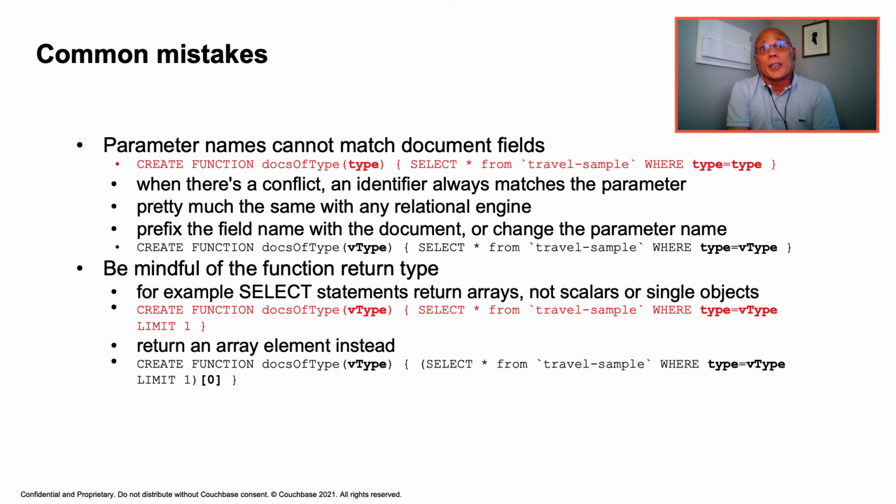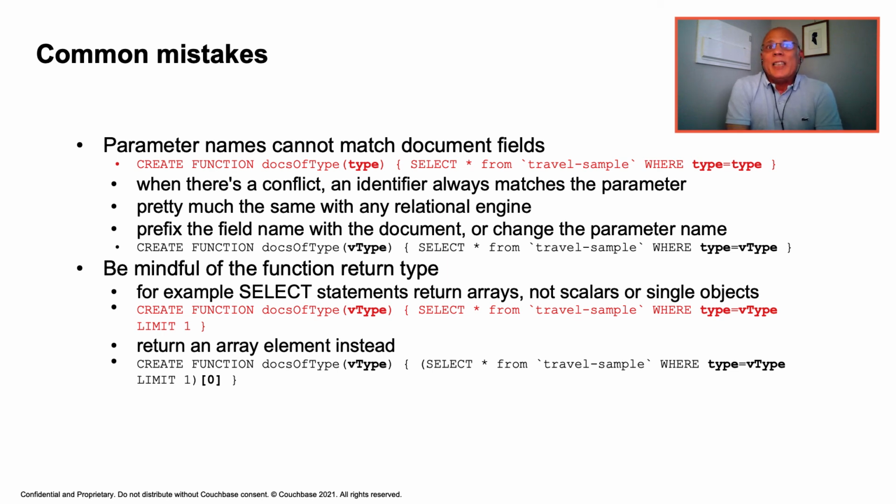If you have a look at the statement inside the N1QL function that I give you in the example, essentially we're comparing type to type, and that makes no sense. What do we mean by one and the other?